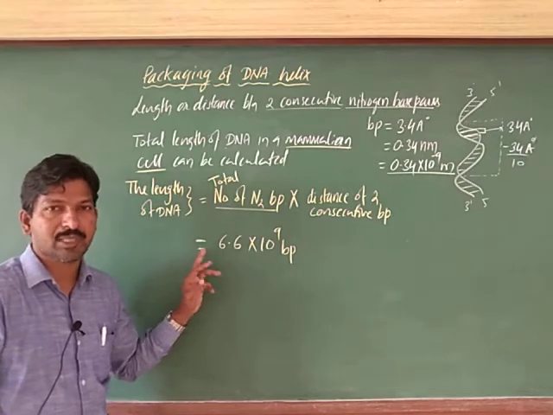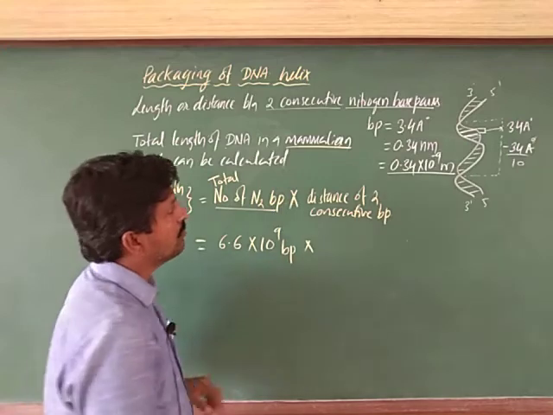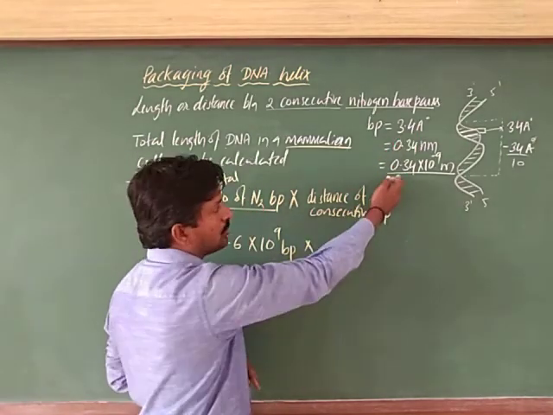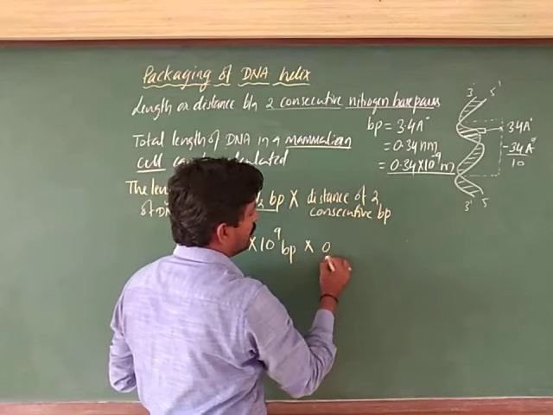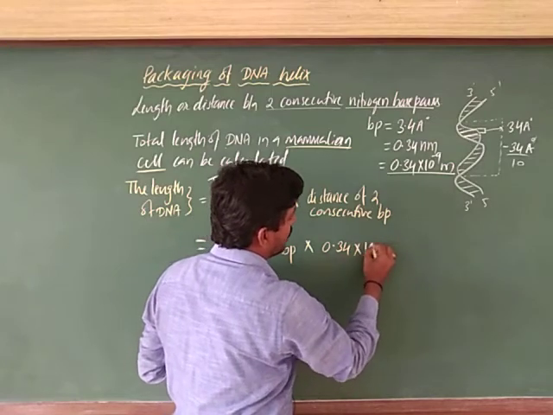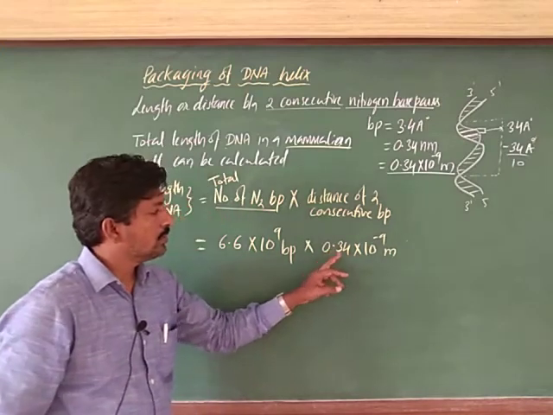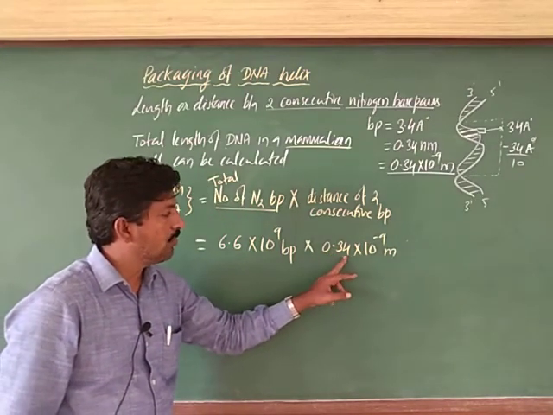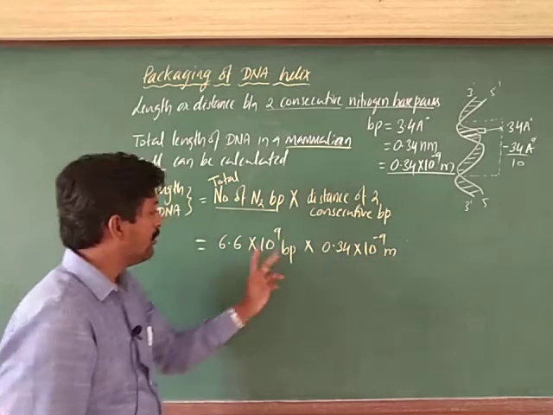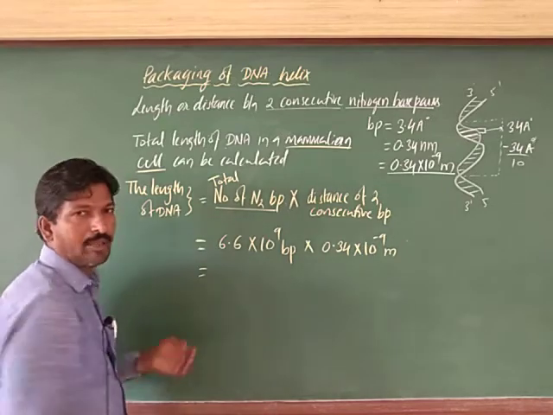Already we know the 3.4 angstrom, which we should take in meters for calculation purpose: 3.4 into 10 raised to minus 10 meter, that is 0.34 into 10 raised to minus 9 meter. When we calculate both, simply apply the mathematics.